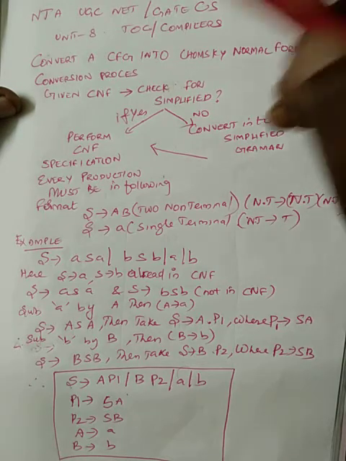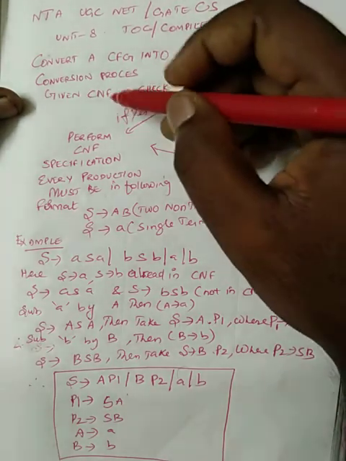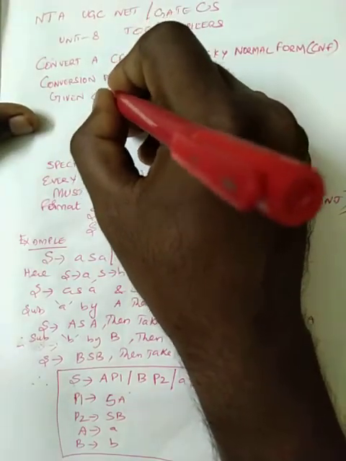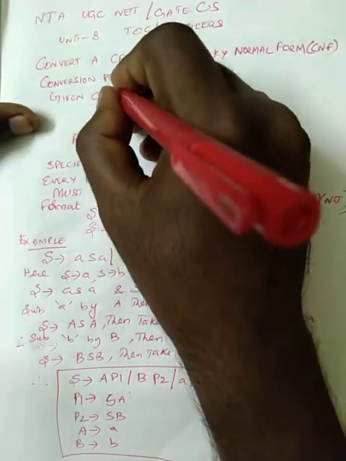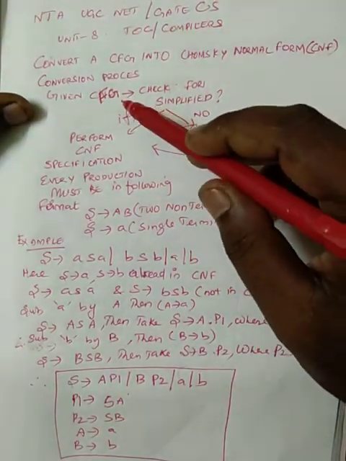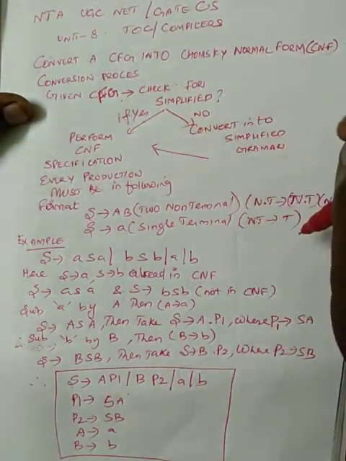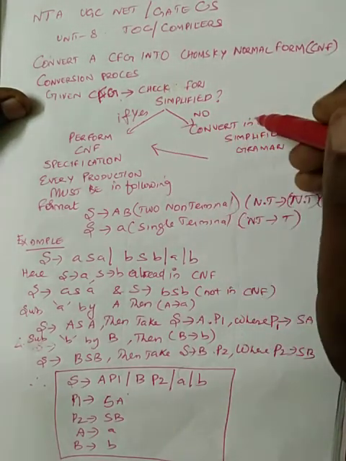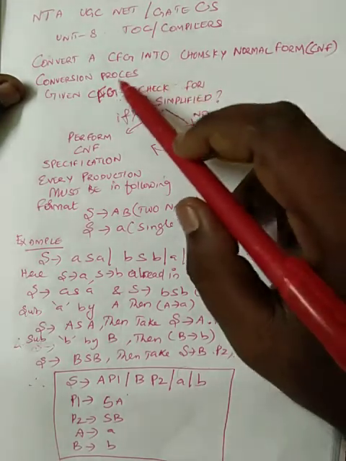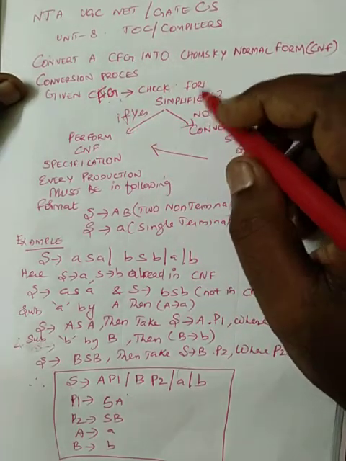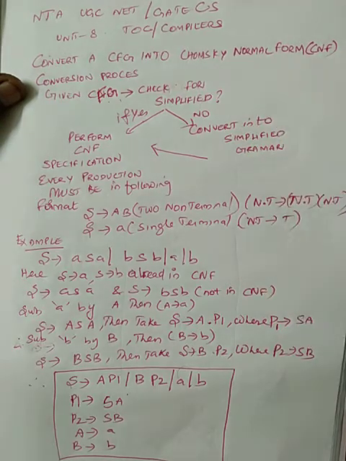If you are given any context-free grammar, we cannot directly convert it into Chomsky normal form. Before that, you want to check whether the given grammar is already a simplified grammar.